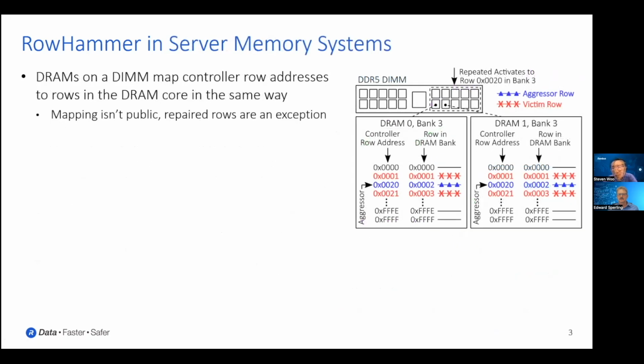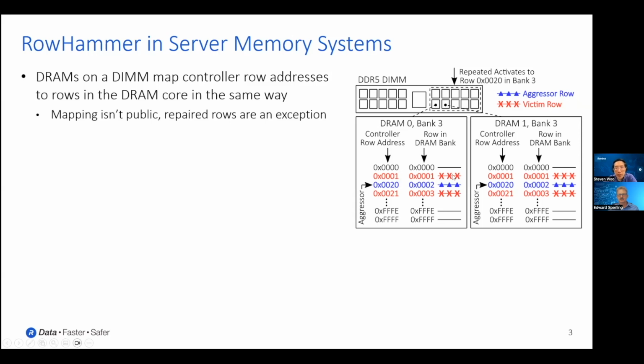The other concern is that when a server memory controller issues a reference to a particular address, that address maps the same way to each DRAM on a DIMM. In this example, you see the memory controller is repeatedly activating row address 0020.